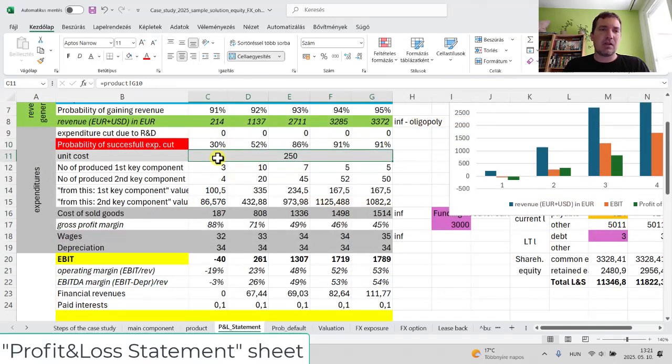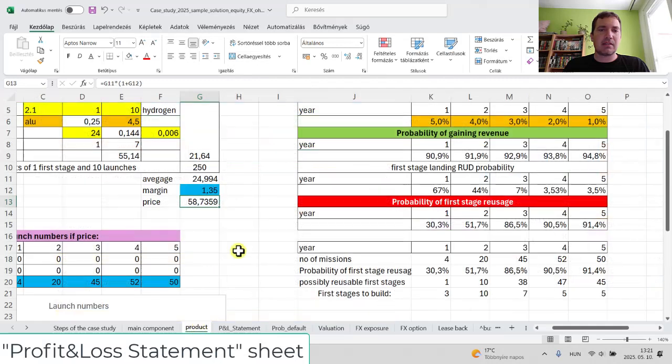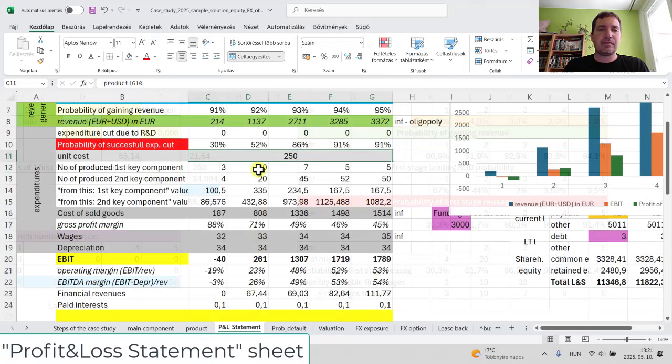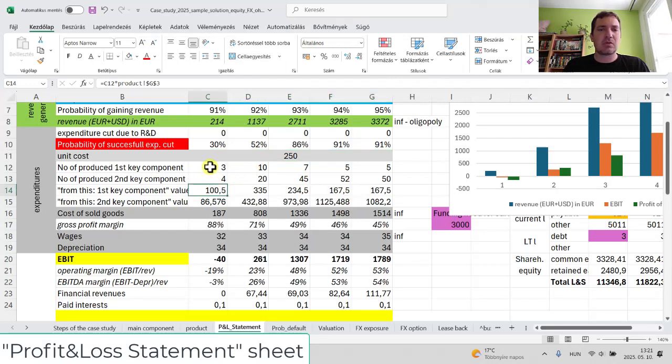Unit cost. Unit cost in this case, it means this one. But after that, I think it's not used because it's quite useless. Number of produced first key components, so first stages. Yeah, this is coming from the product sheet.